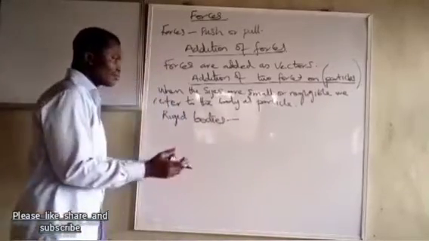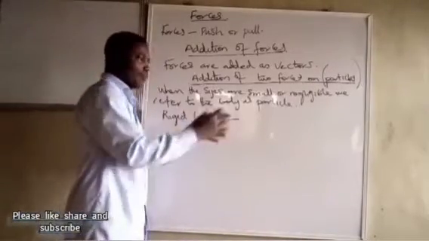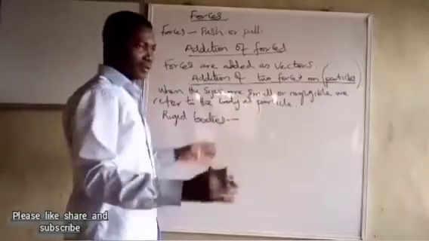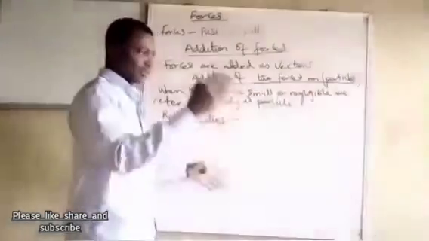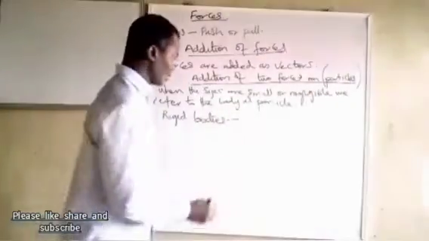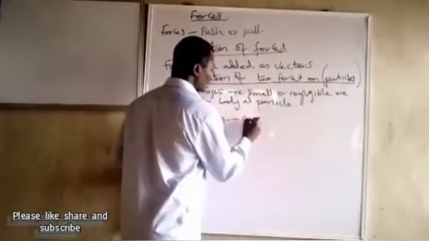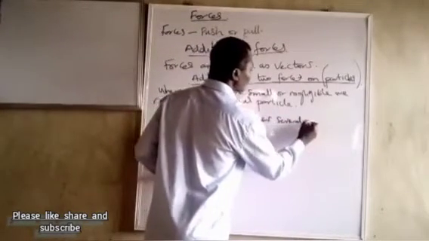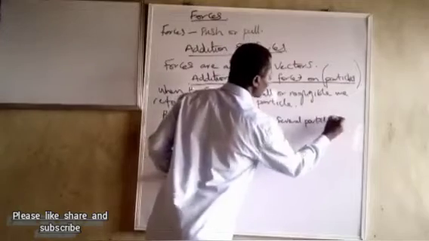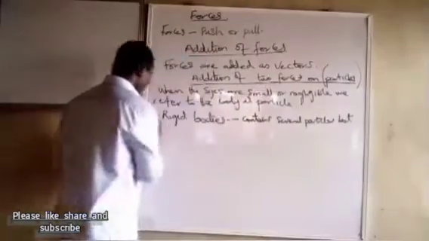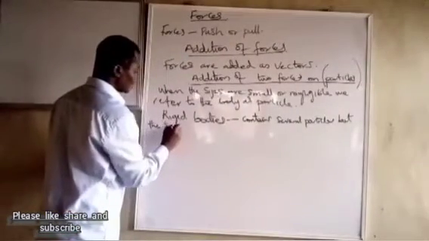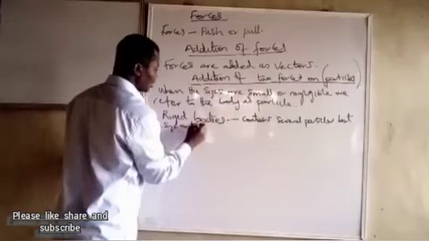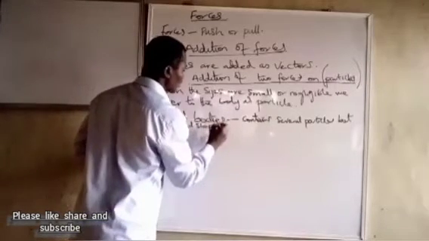This is where we talk about particles. A body composed of several particles, but the distance of the particles from one another is constant. It contains several particles, but the size and shape is constant.